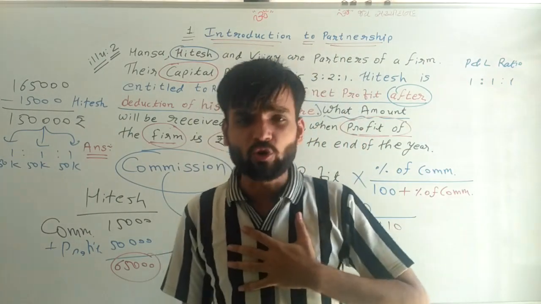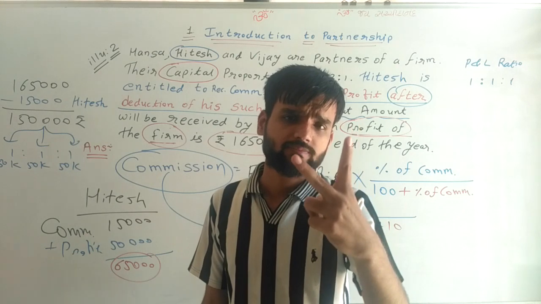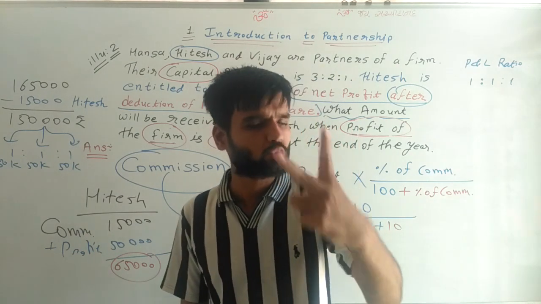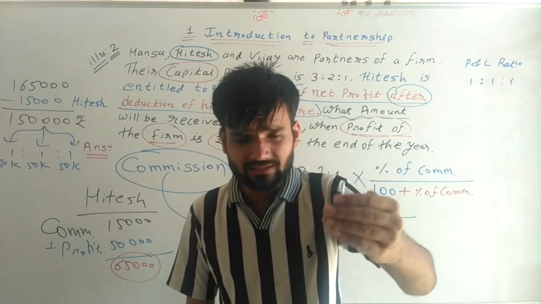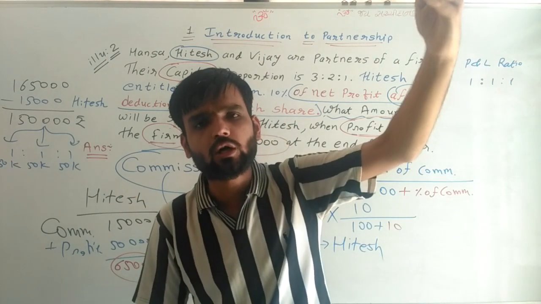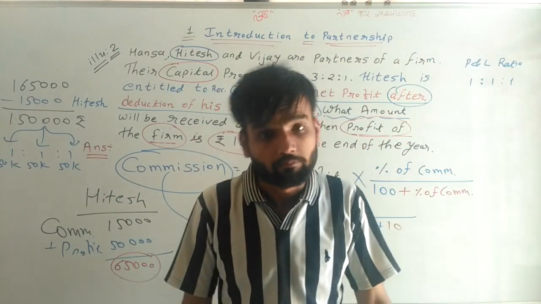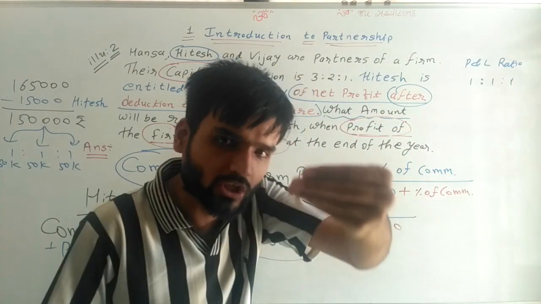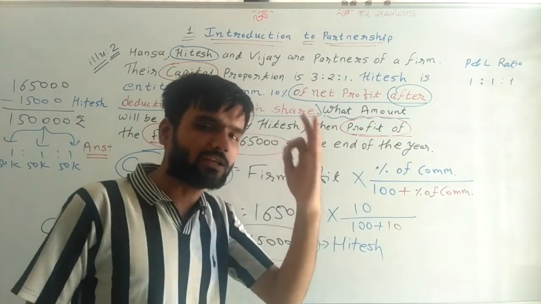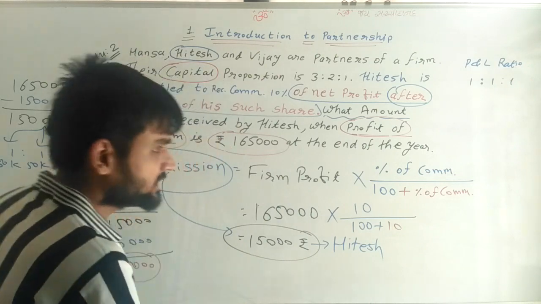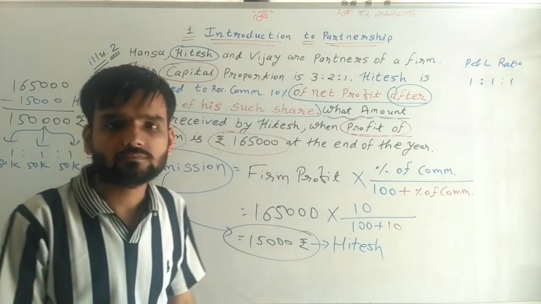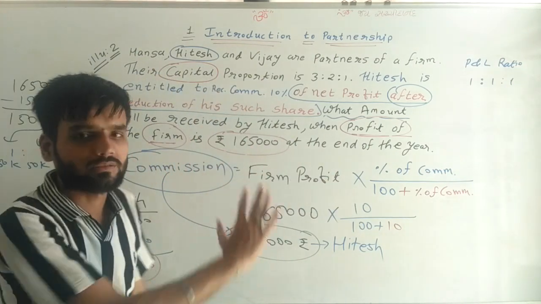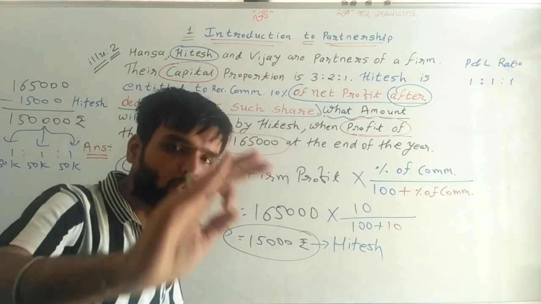But I want to clear two things, and that's why this lecture will go ahead. Maybe you have to give me 10-20 minutes more to understand that topic. This is the legal method, which everybody does.